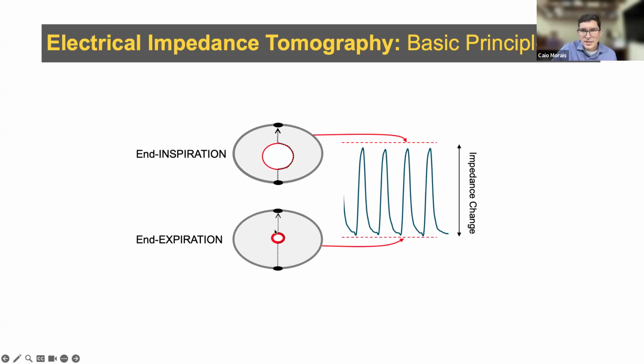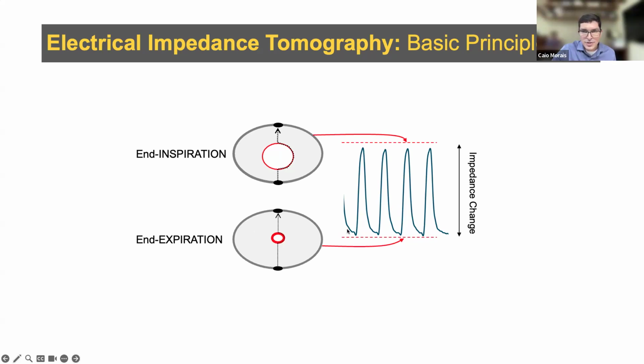And the red circle here in the center represents the alveoli wall. Note that from the end of expiration to the end of inspiration, the alveoli wall becomes longer and thinner. And this makes it much more difficult for the electrical current to move from one side to the other.